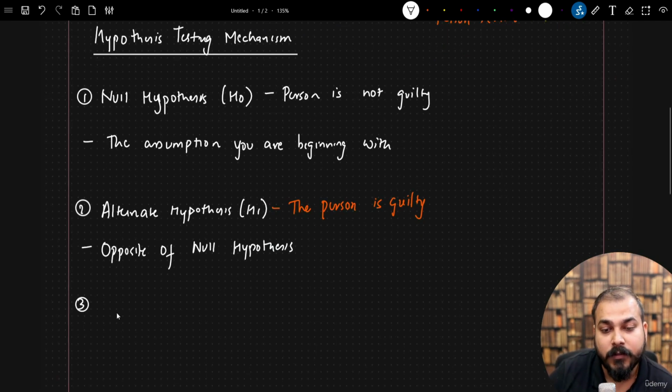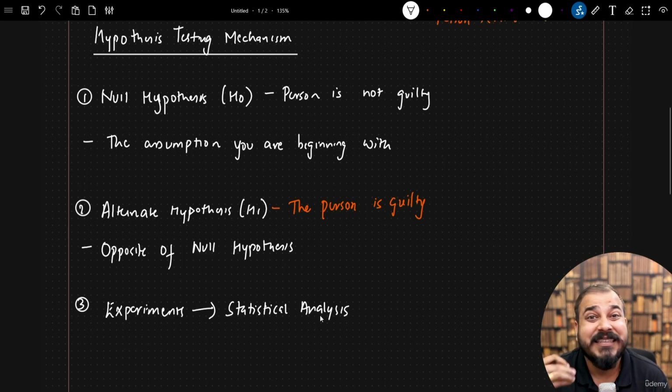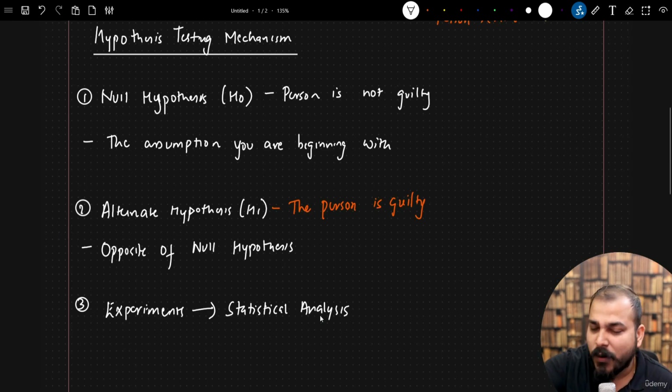Now coming to the third step, what is it? Here we perform some kind of experiments. Whenever I say experiments, that basically means we perform statistical analysis. There are different types of statistical analysis with respect to sample data and population data that we use, like Z-test, T-test, chi-square test, ANOVA test, F-test. All these things we'll be learning as we go ahead. But in this problem statement, whether a person has committed a crime or not, here we collect proofs.